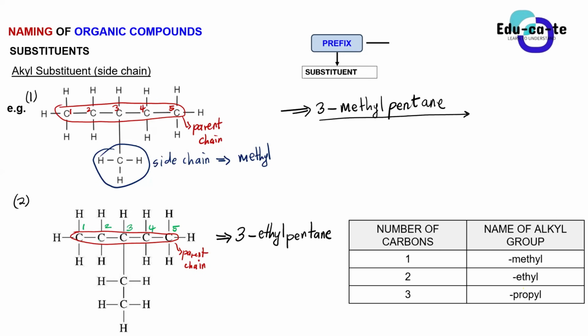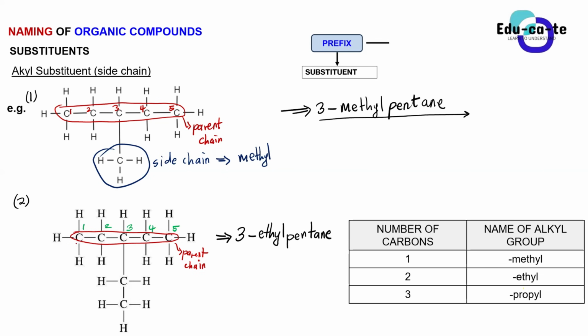So if you number them from left to right and from right to left, you are still going to get your branch or your substituent on the same carbon. Because if you number this from right to left, you would start here and say this is carbon 1, this is carbon 2, this is carbon 3, this is carbon 4, and then this is carbon 5.